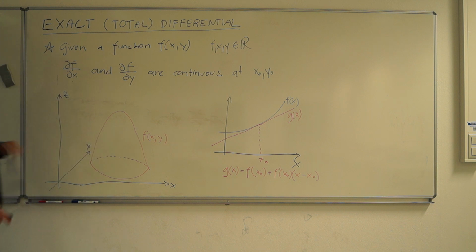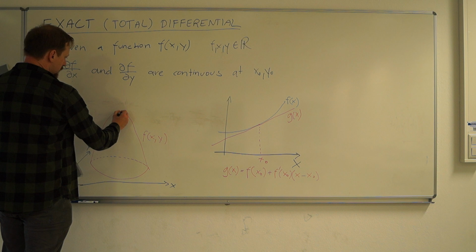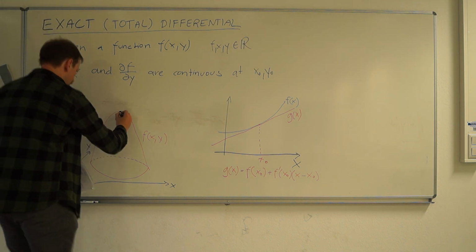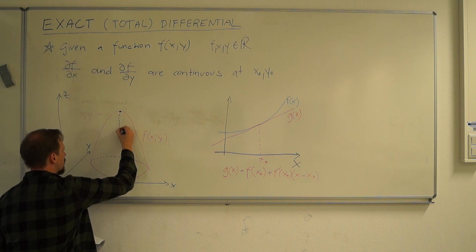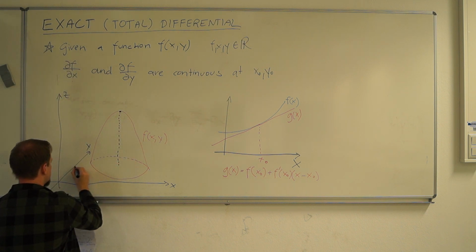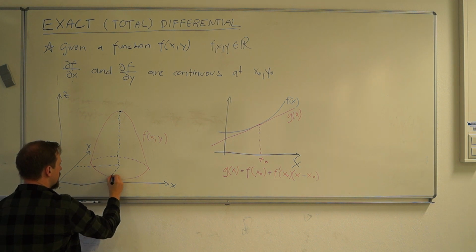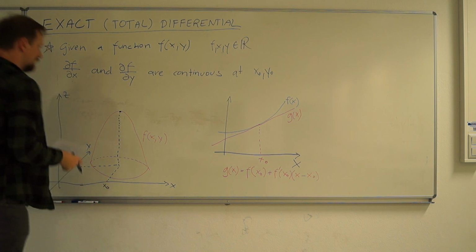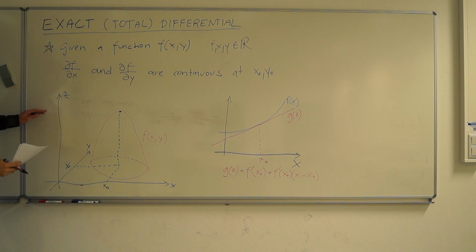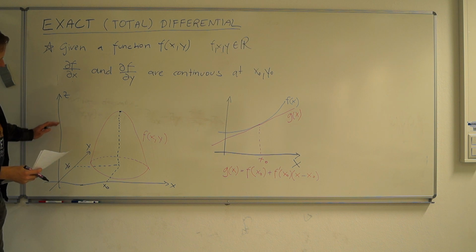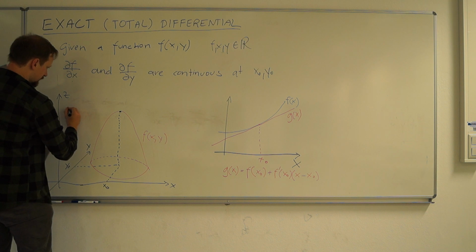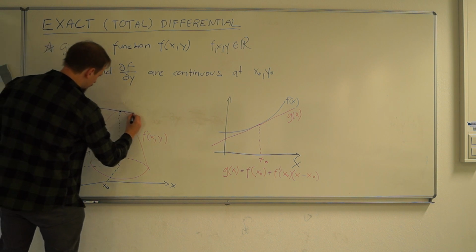We can do the same for this two-dimensional function at some point x naught, y naught. So we can choose the point x naught, y naught and project down to the xy plane. Here would be x naught, and here would be y naught. If we would like to make a tangent parallel to the x-axis, we can draw it like this. I'm not a very good drawer, actually.